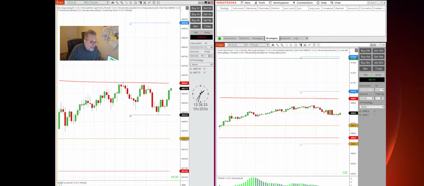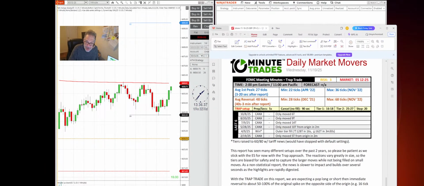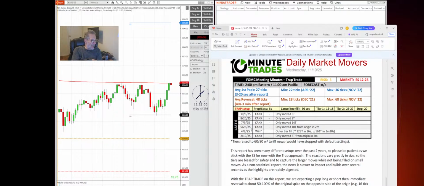So, look, does it make any sense whatsoever to take a trap trade here? You got six months of one anomaly winner, tariff April. Total anomaly. And I don't know how we even figured out to move the ticks to 60 and 80. I don't think we're going to get 60 and 80 ticks of movement today. I don't think it's going to be that big.